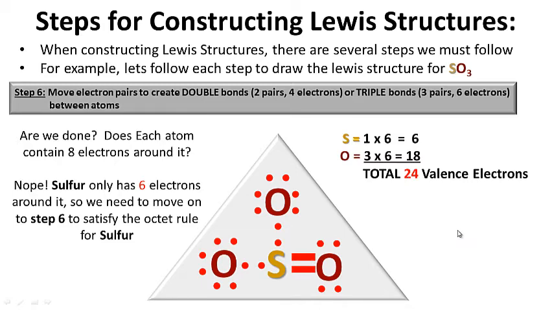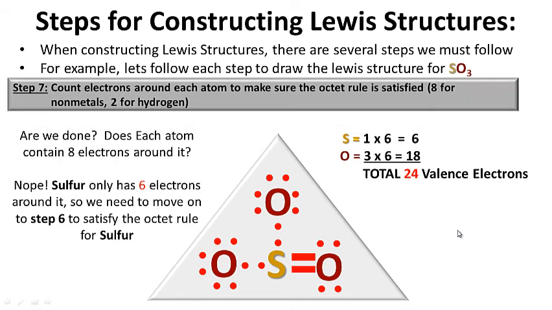Let's double check here, which brings us to step 7. Count electrons around each atom to make sure the octet rule is satisfied for every atom. 8 for nonmetals, 2 for hydrogen. So sulfur has 8, 2, 4, 6, 8, and each oxygen has 8, it looks like.